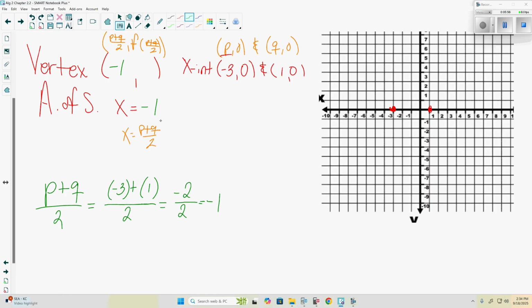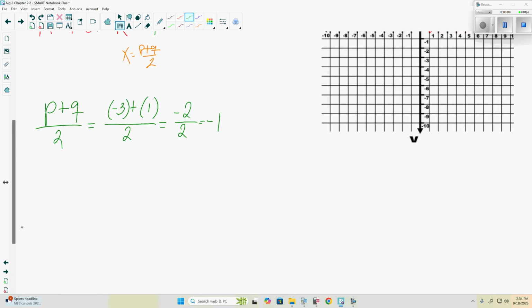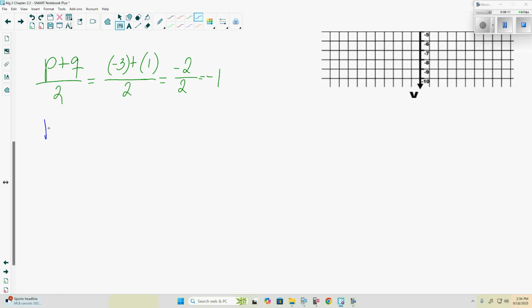So we found the axis of symmetry, we found half of the vertex, and we found the x-intercepts. The only thing left to find is the y value of the vertex. Now the y value of the vertex is f of p plus q over 2. Well, p plus q over 2 we found is negative 1.